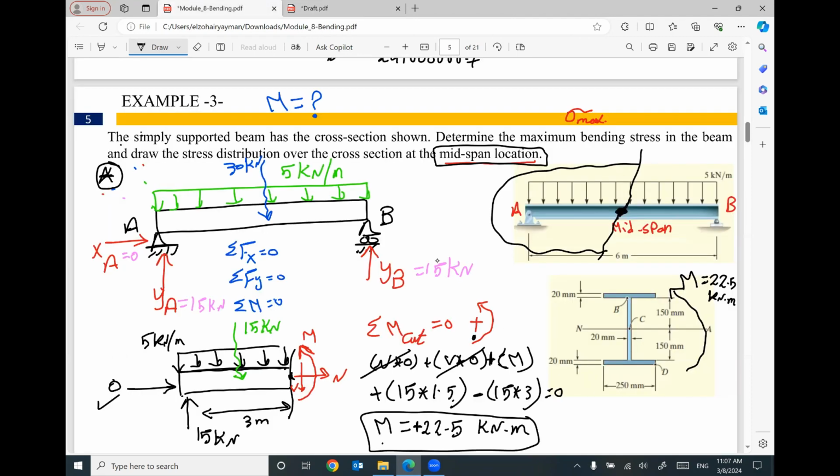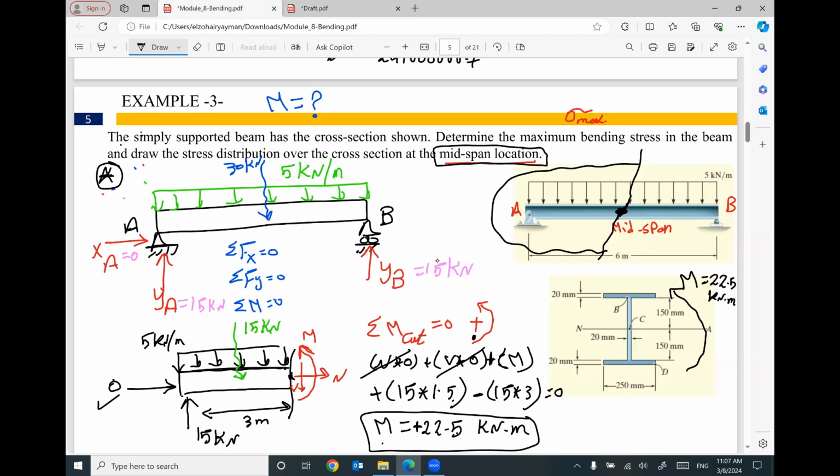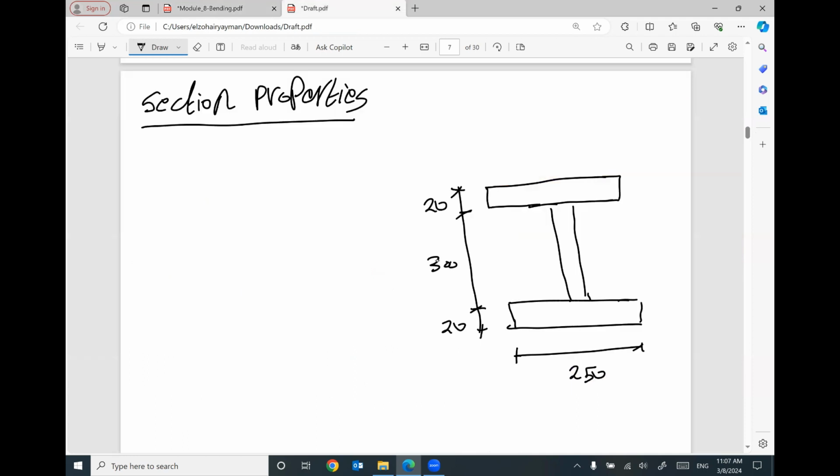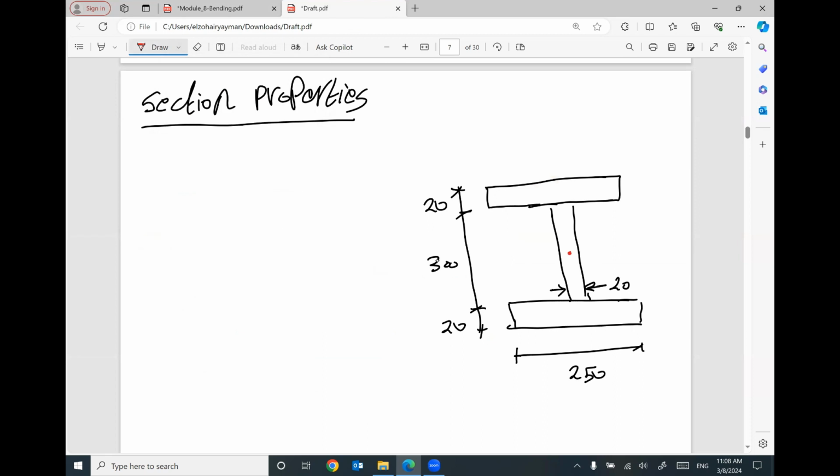The dimensions of this I section are 250, 250, 20, 20, and 320. And this one is 20. Okay. Where is the centroid? The centroid is at the mid height because it's a symmetric cross section.